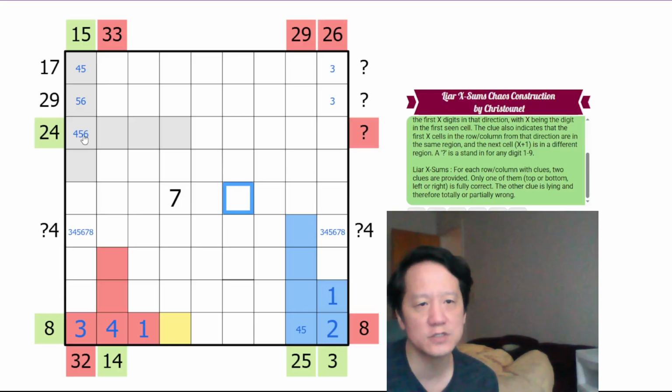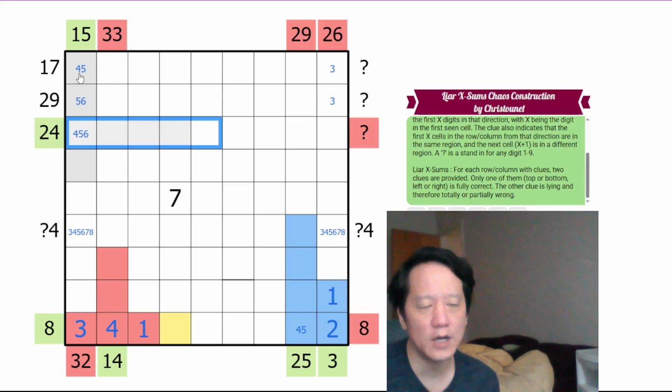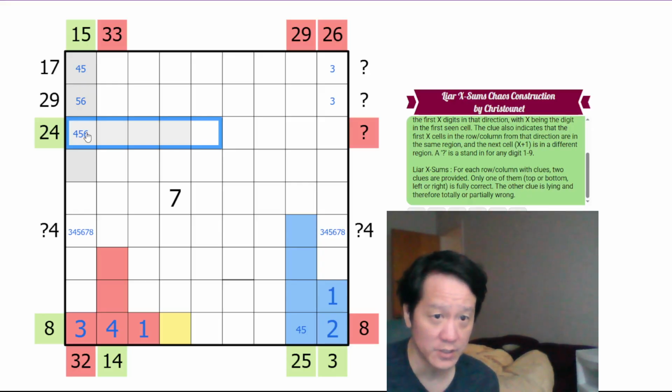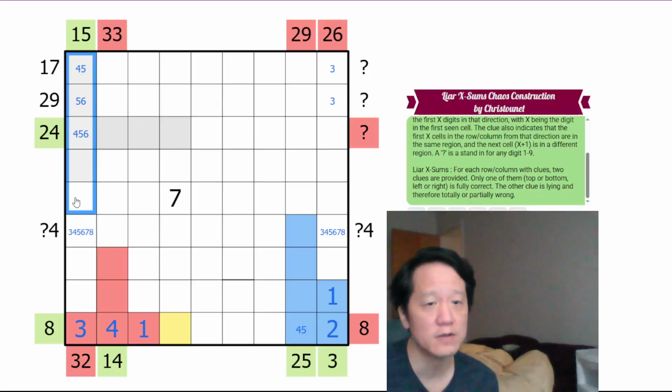So this cannot be 6, if it's 6 going this way. Oh, this fails. So this cannot be 4 and 5. Right? Because this is 24 at basically total. This is 15. 15 plus 24.